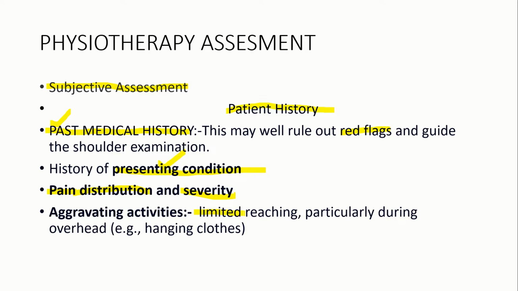The person will not be able to reach forward, and during overhead activities, like hanging clothes, the person is going to face difficulties, and basically in abduction activities, the patient will complain of pain. So these activities will be the aggravating factors for the pain.